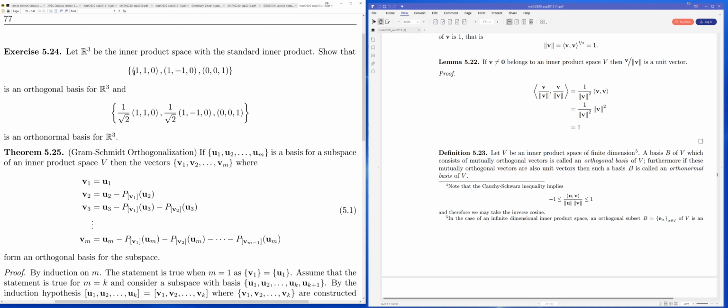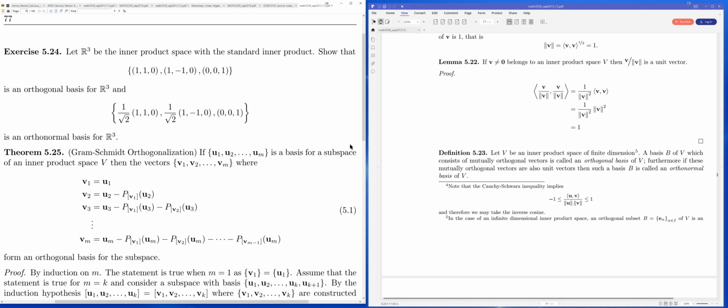For this orthogonal basis, the length of the first vector is not 1, because it is square root of 2. The length of the second vector is also square root of 2, and the length of the third vector is 1. Now suppose the vectors are mutually orthogonal and they have the additional condition that each one is of length 1.